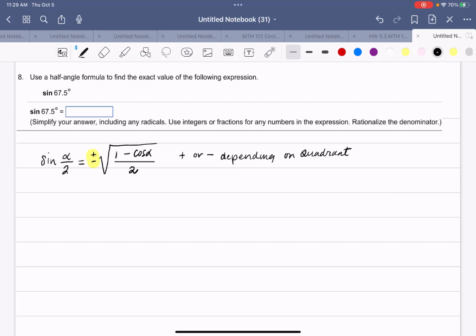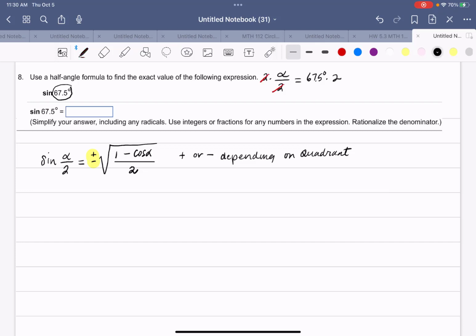Now, 67.5 is not our alpha. 67.5 is alpha over 2. Alpha over 2 is 67.5 degrees. So we're going to have to multiply by 2 to find our alpha.